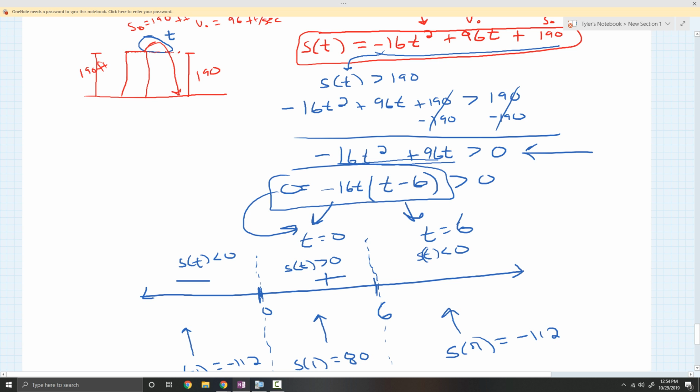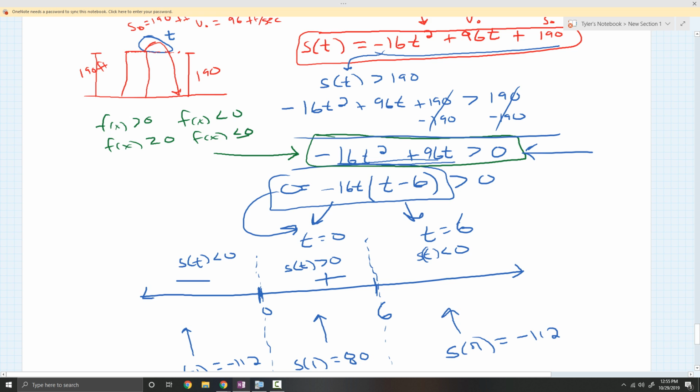When you get to this step, remember the whole idea is we're trying to get our function into one of these forms, as we did before. Notice at this point, I have my function in this format.